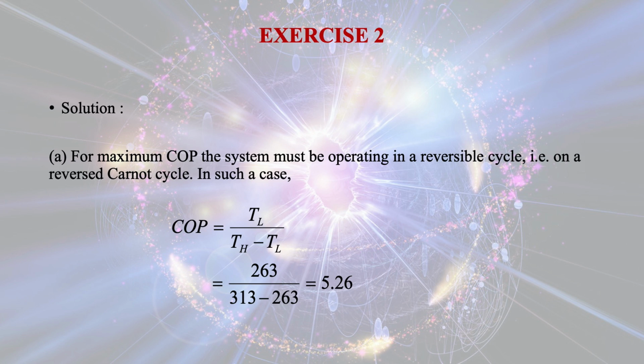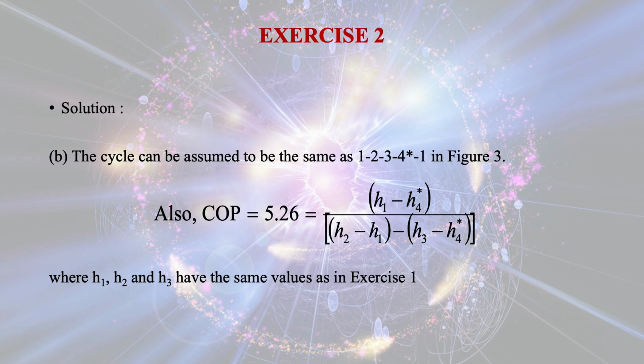Now, part B of this problem says that the cycle can be assumed to be 1 to 2 to 3 to 4 star to 1 in figure 3. Also COP, which we know is equal to 5.26, is equal to net refrigerating effect divided by net work done, that is H1 minus H4 star divided by H2 minus H1 minus H3 minus H4 star.